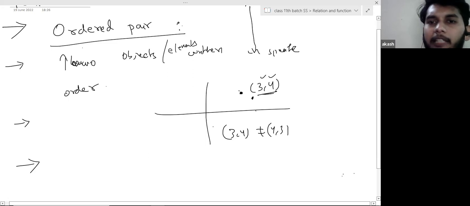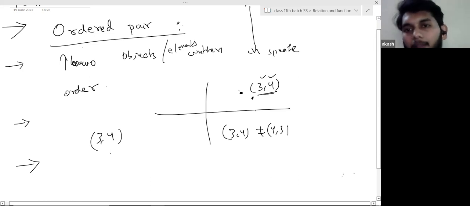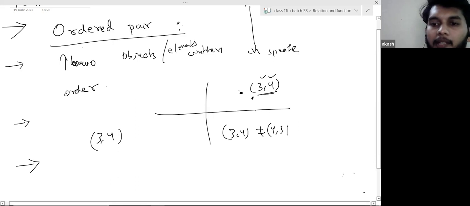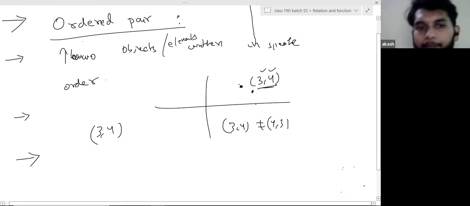All right. What is the significance of this? This is just a way to represent two numbers. The order here is very important, that 4 comes after 3. We will know the significance in the next topic. All right, done?